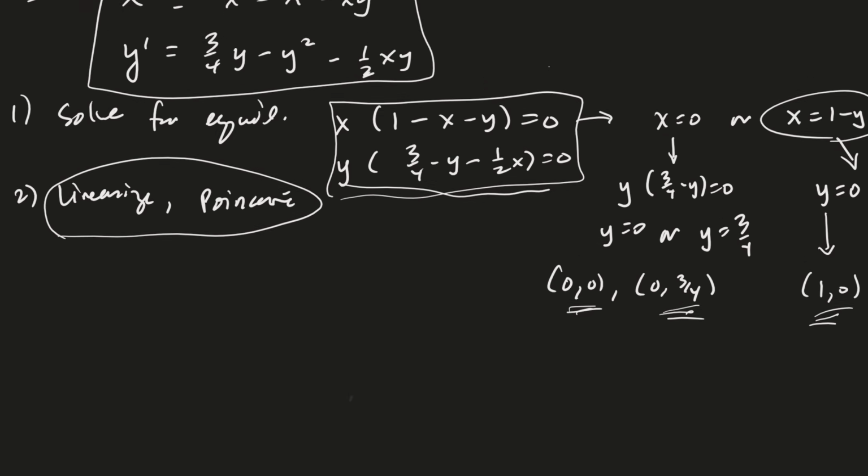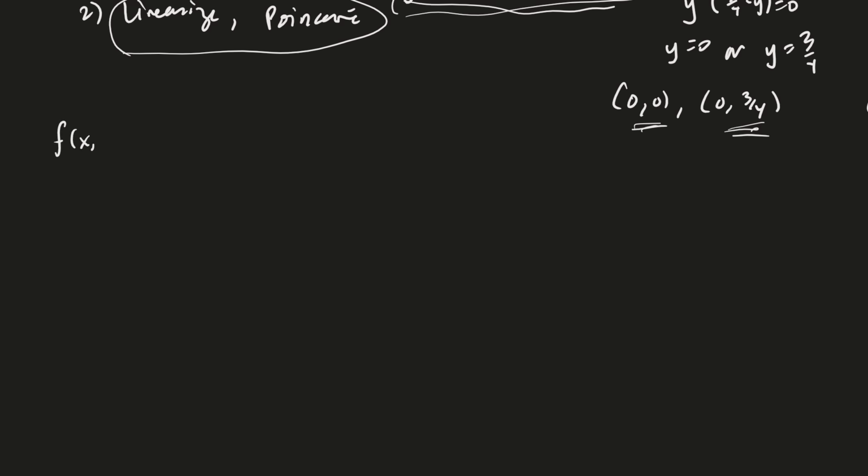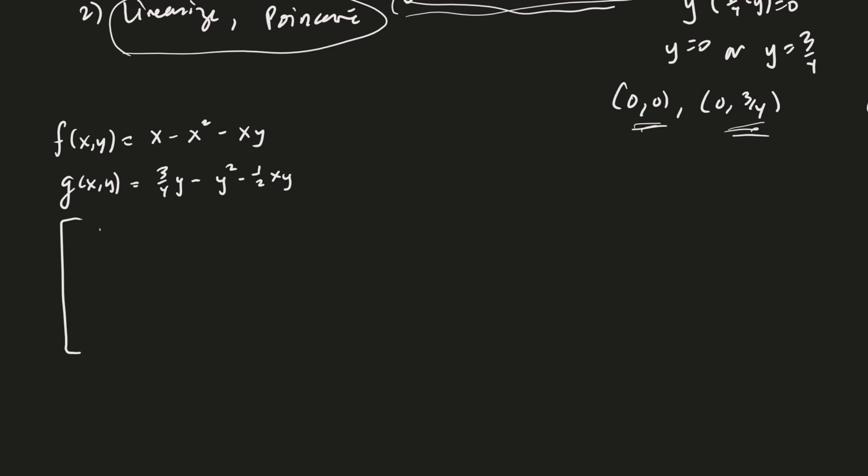And so we take our system, so we can think of that as our f of x, y equals x minus x squared minus xy, and our g of x, y, our y prime, was 3/4 y minus y squared minus 1/2 xy. And our Jacobian matrix then is f sub x, f sub y, g sub x, g sub y.